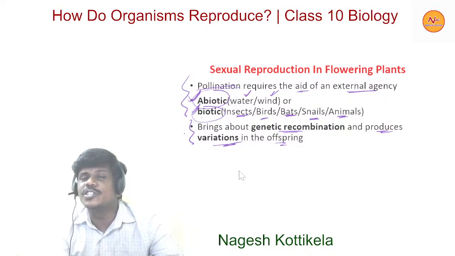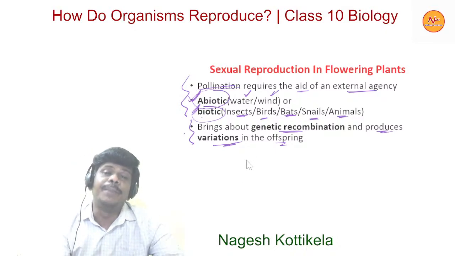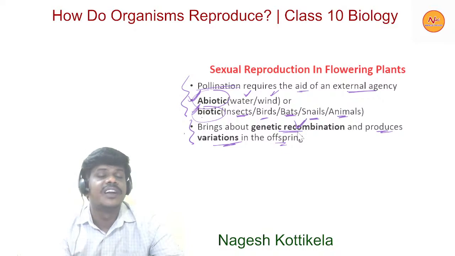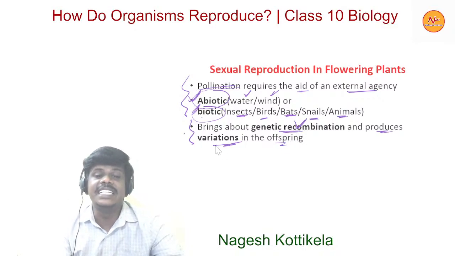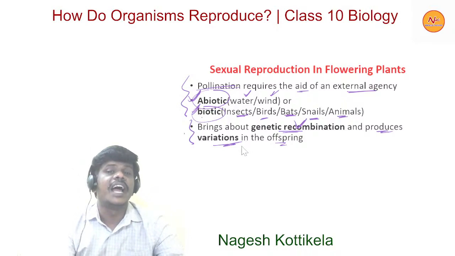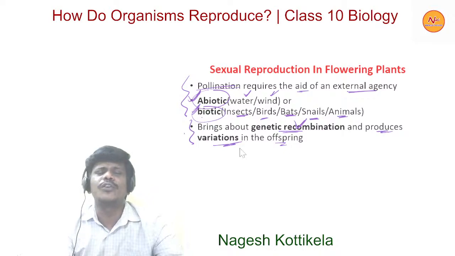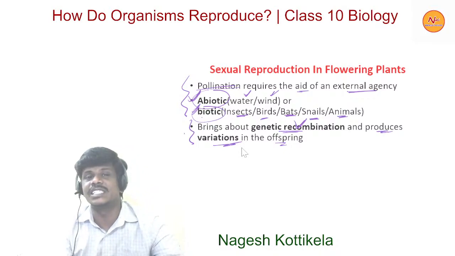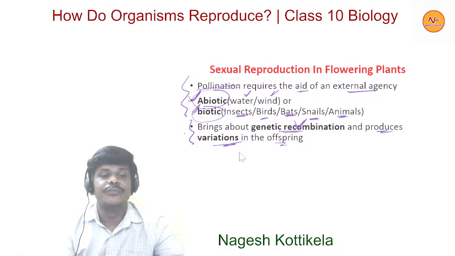Those differences can be because of genetic recombination, and maybe due to inaccurate DNA copying. These variations are very essential for survival of species in changing environmental conditions, and also of great importance in the evolution of new species. That is the importance of variations.